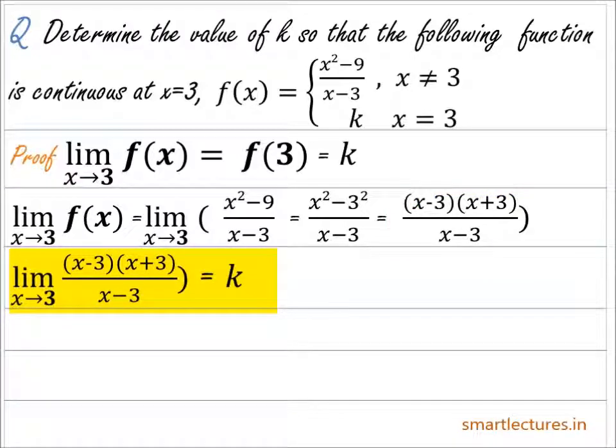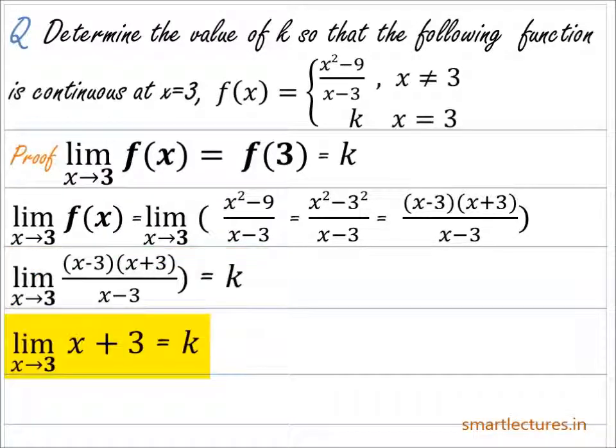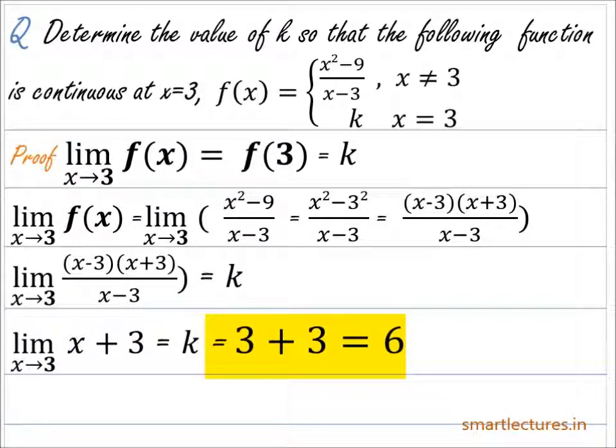Now cancelling out x minus 3 from numerator and denominator, this equation reduces to limit x approaches 3, x plus 3 is equal to k. And when x approaches 3, then x plus 3 is equal to 6. So we can also write 6 is equal to k, or k is equal to 6.